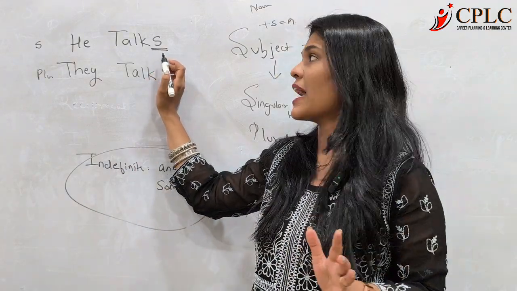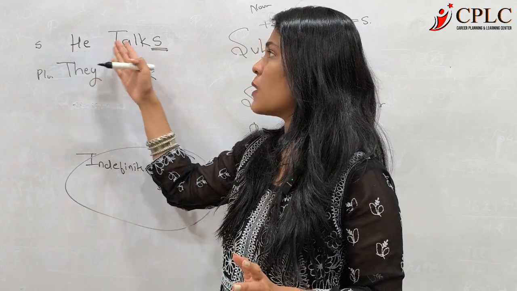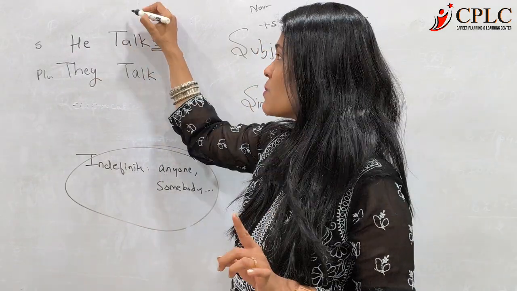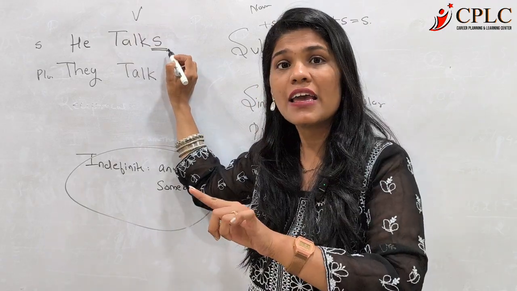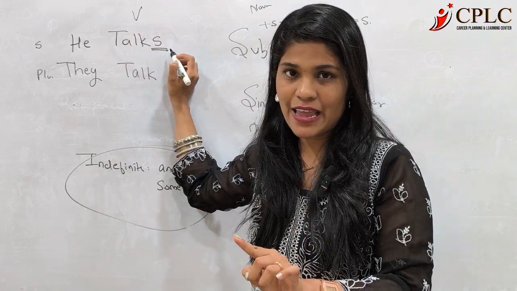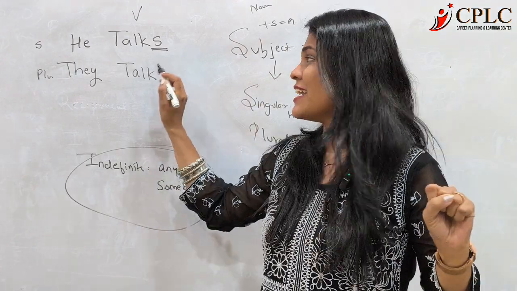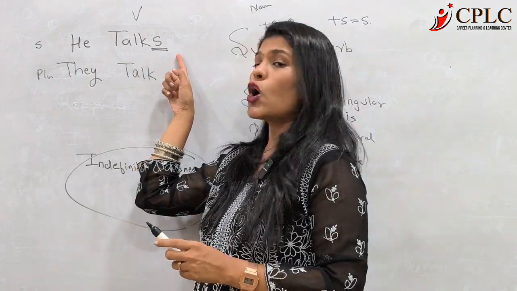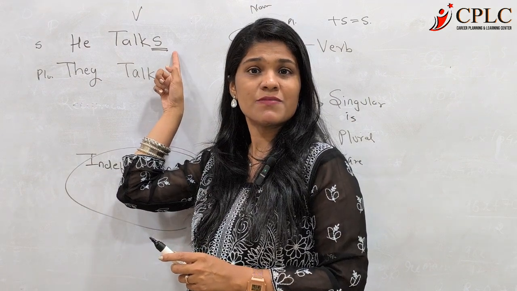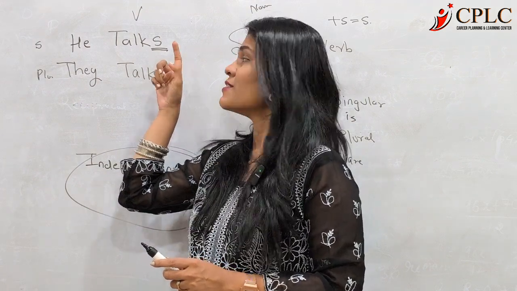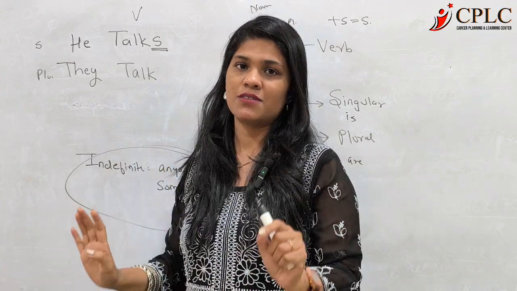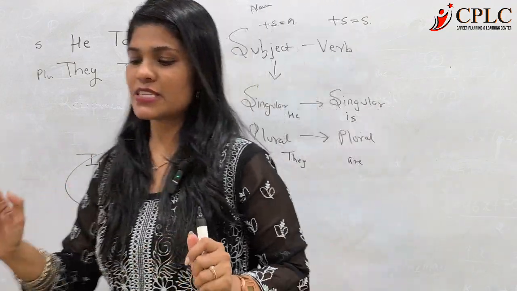Do not confuse it as अच्छा तो singular noun के साथ plural verb. No, ये singular ही है. But जब verb में s लगता है तो वो singular होता है. And when you remove the s, it becomes plural. So repeat behind me. Talks is a singular verb. Talk is a plural verb. Okay?